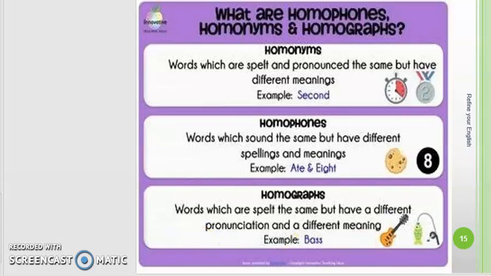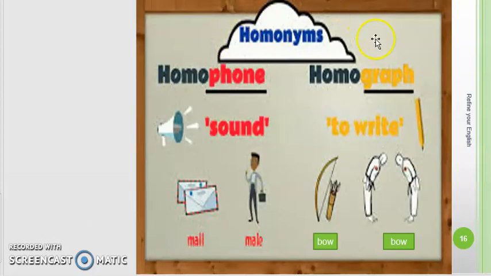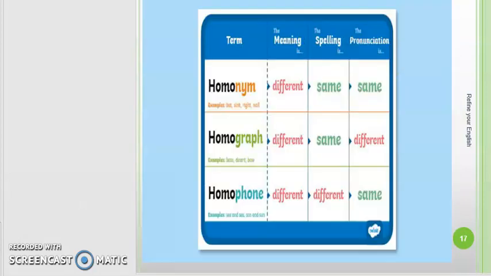So we understood that homonyms are the broader category, and you have the homophone and homograph: similar sounding, and similar writing. Just like male and mail, similar sounding, homophones. Homographs, bow and bow, similar writing but different pronunciation.